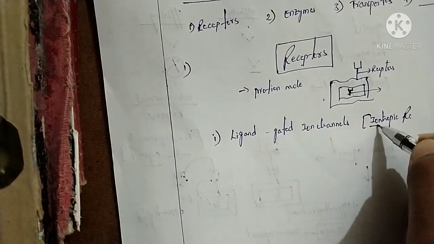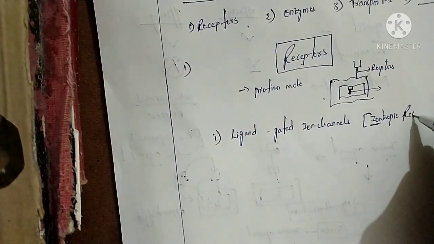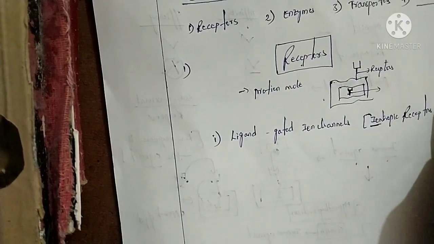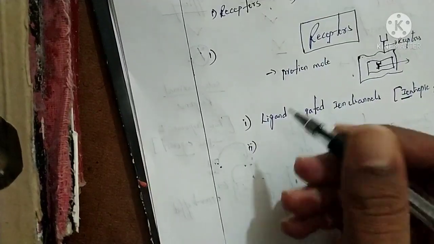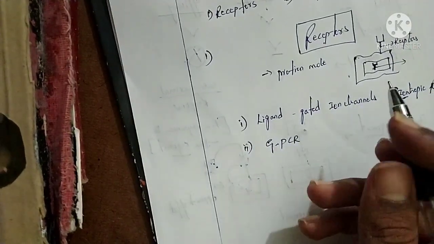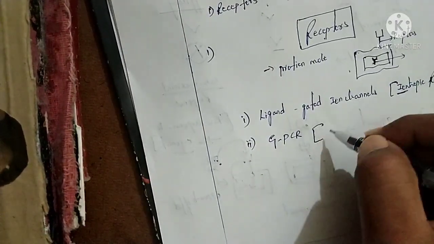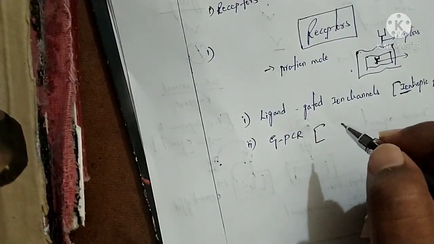Here the name represents ion. The second one is G protein coupled receptors, in short GPCR. It is a big family of receptors that is majorly present within the body.